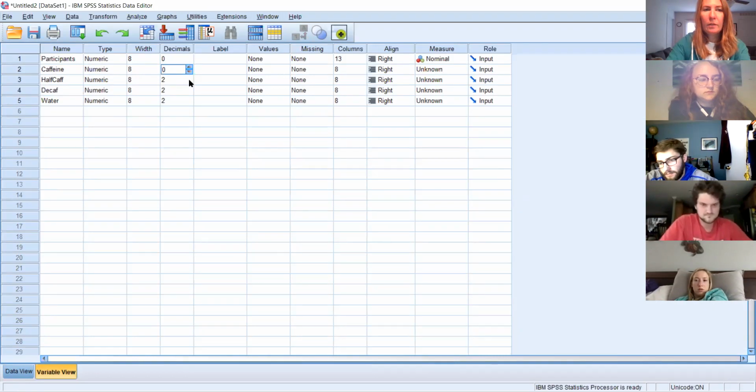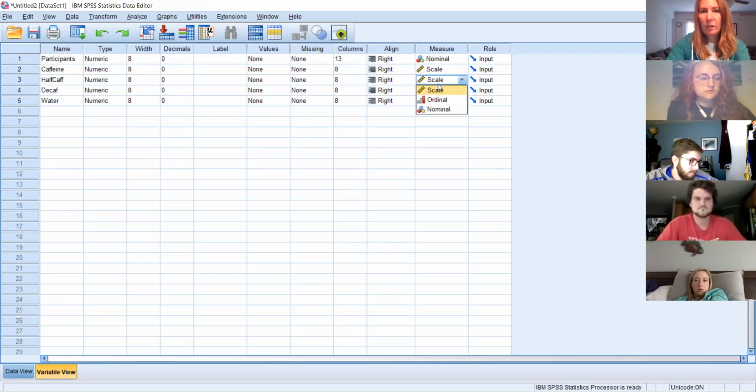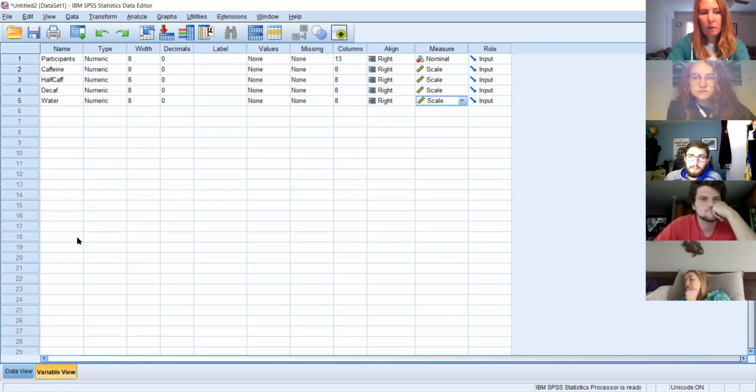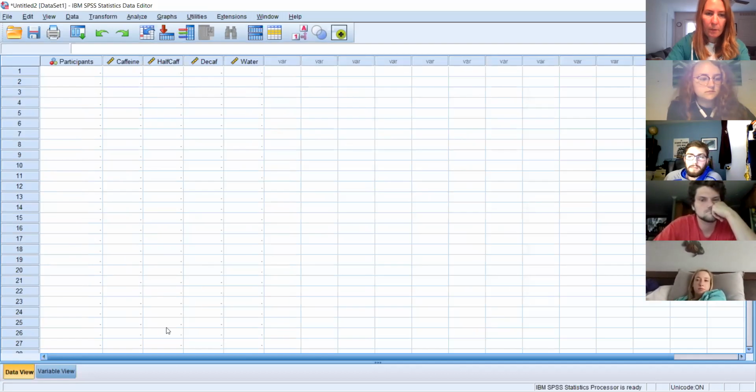I don't want any decimals. So this time I'm not going to have the values box done, and all of these are scale. And again, the participants one doesn't even matter. You don't really need a participants one.